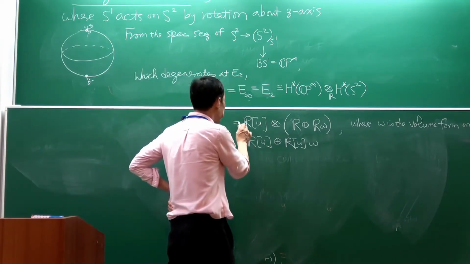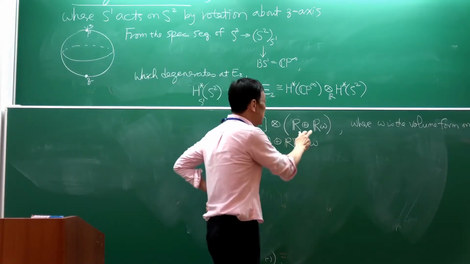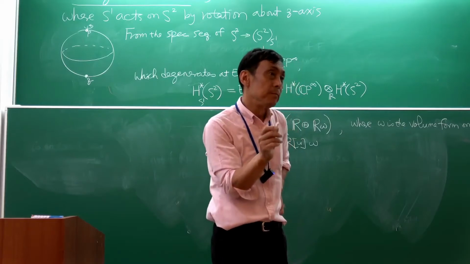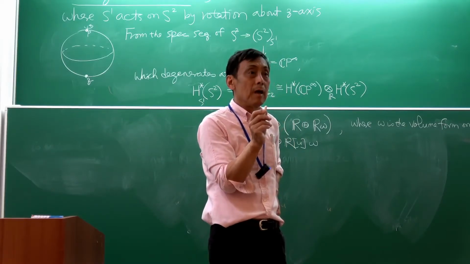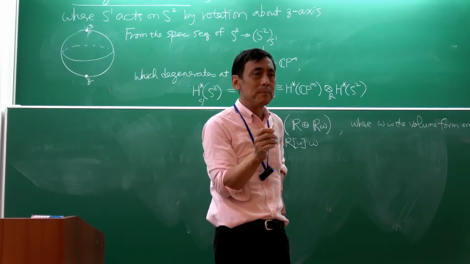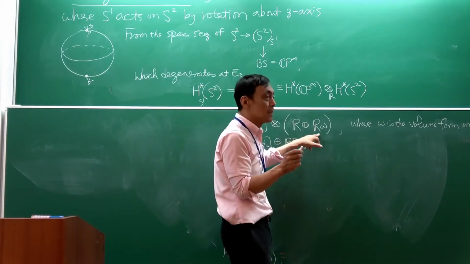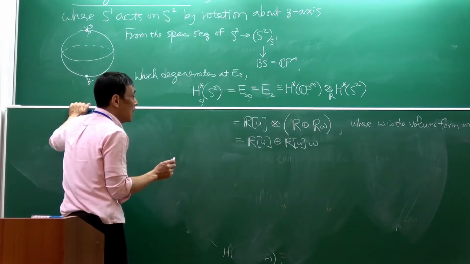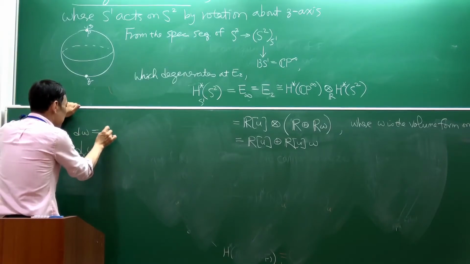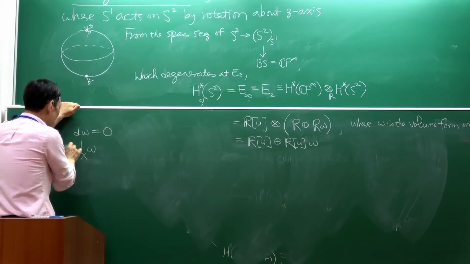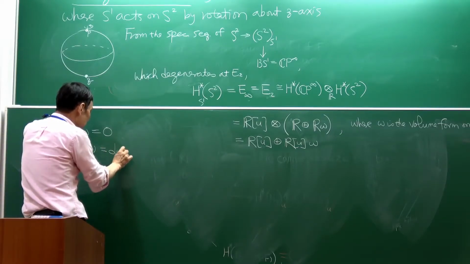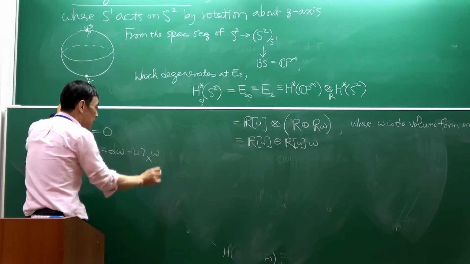However, now this omega, it's a form on the sphere, right? So it's not an equivariantly closed form. Because d omega is 0, but d_X omega by definition is d omega minus u i_X omega.